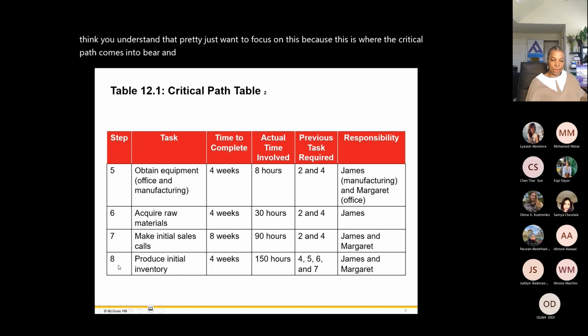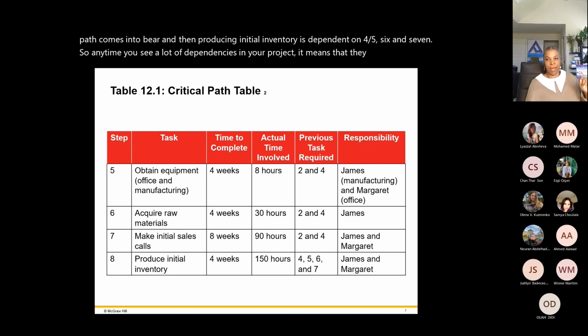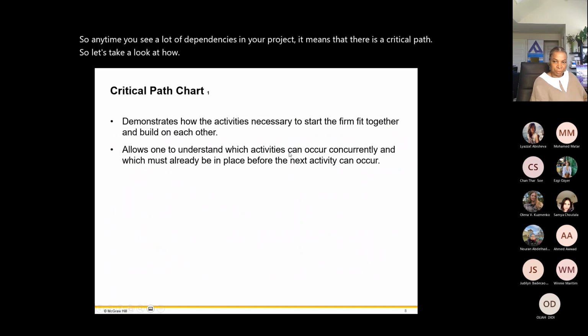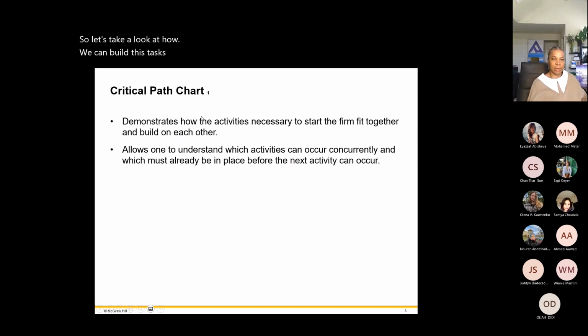And then producing initial inventory is dependent on 4, 5, 6, and 7. So anytime you see a lot of dependencies in your project, it means that there is a critical path. So let's take a look at how we can build this chart.